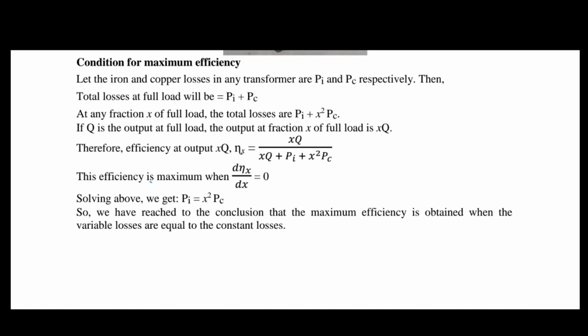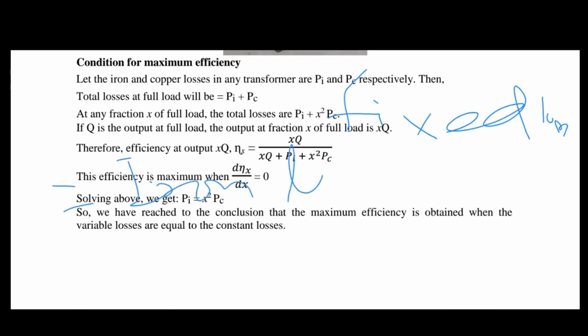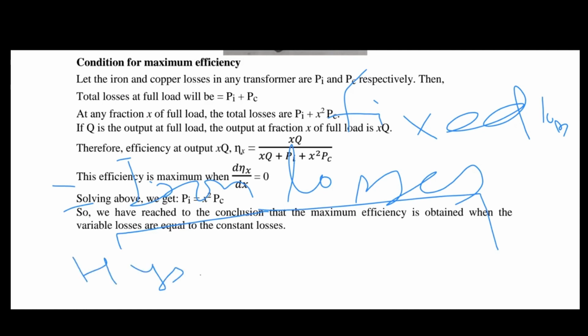We can say fixed losses are equal to iron losses. In the theory part earlier we discussed these iron losses, which can be categorized in two parts: one is the hysteresis loss and the other is the eddy current losses.